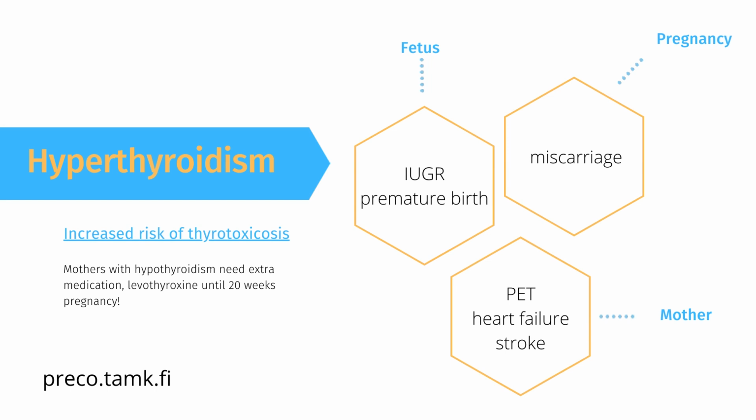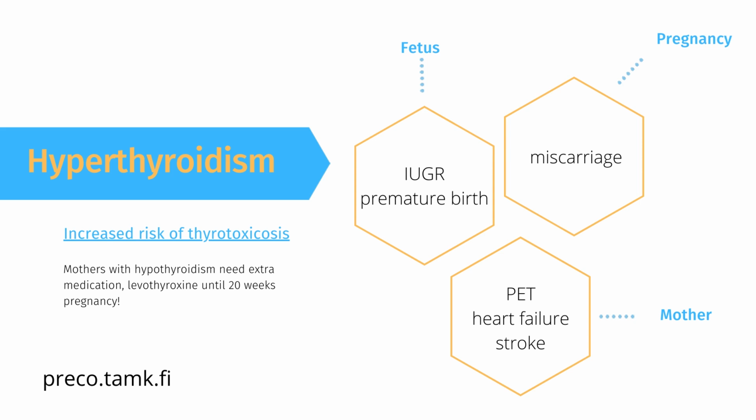Hyperthyroidism affects around 1% of the population at some stage in their lives. Women affected by this condition are at increased risk of thyrotoxicosis, especially around the birth. In addition, there is an increased risk of miscarriage, intrauterine growth retardation, and premature birth.